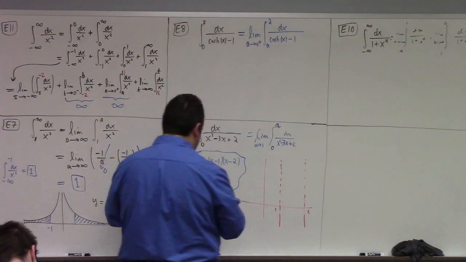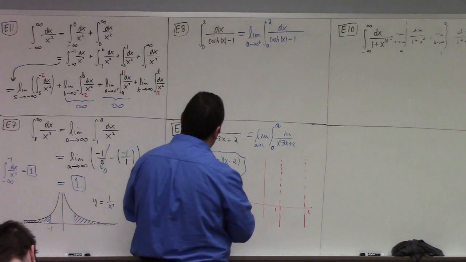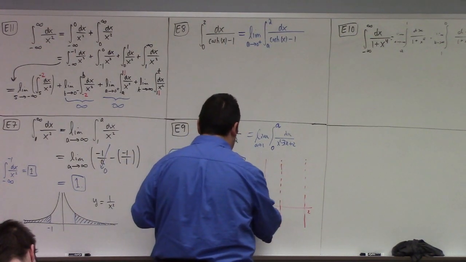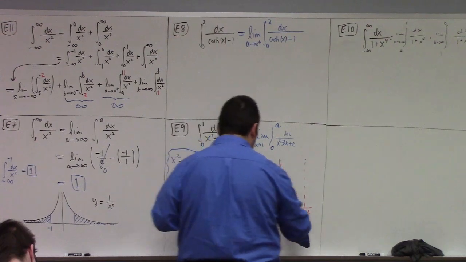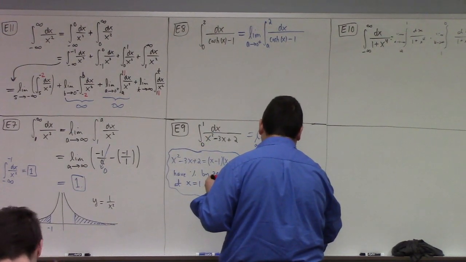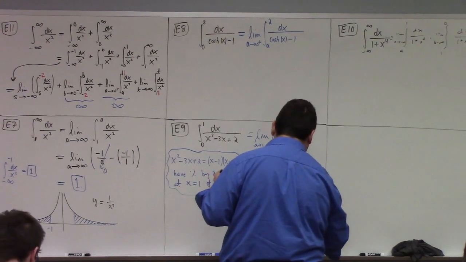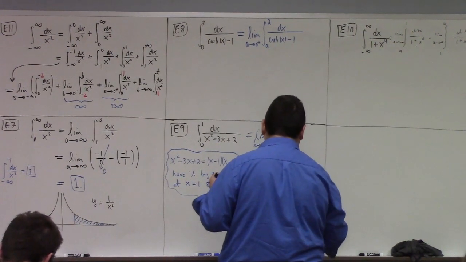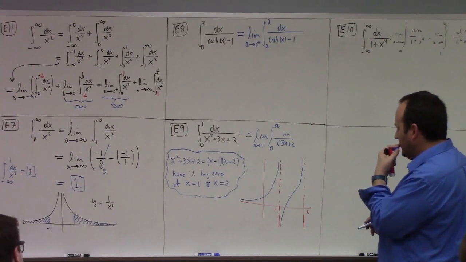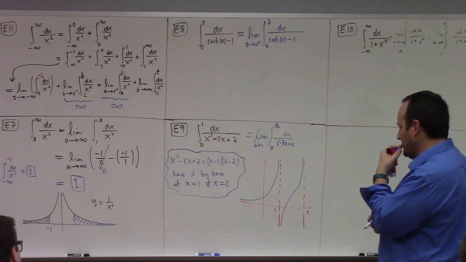The thing we're integrating, let's see here. I think it looks something like this. I think it's something like this. Is that right? What happens if I plug 1.5 into this thing?